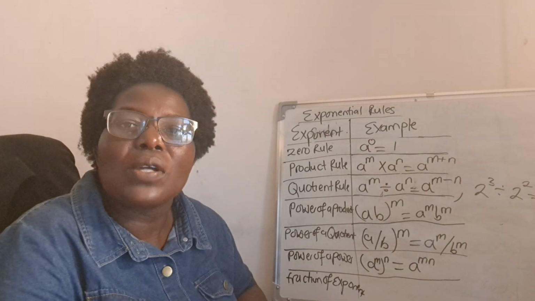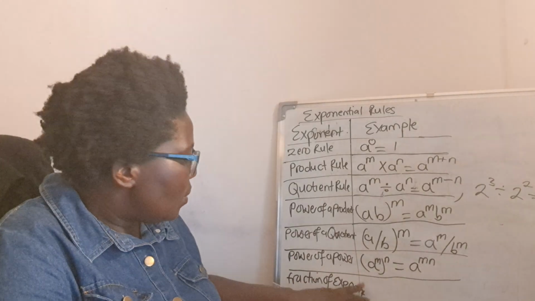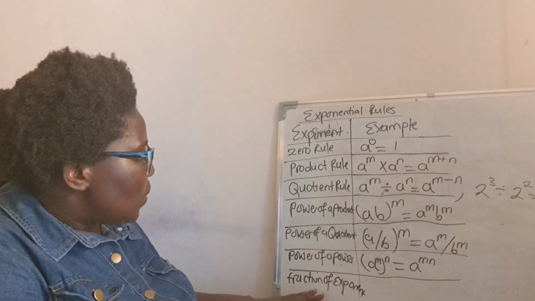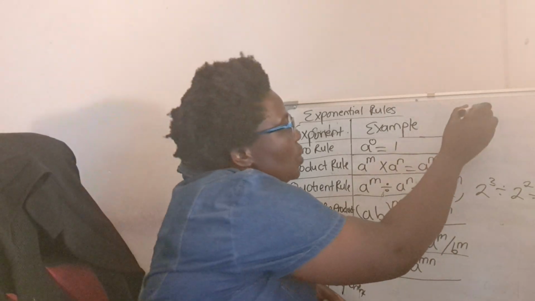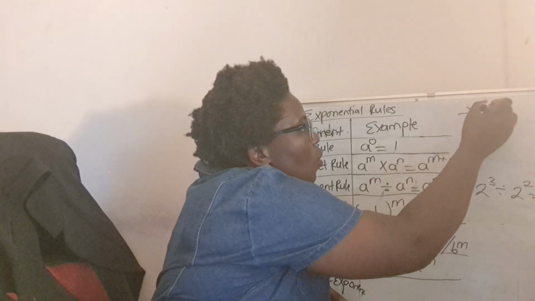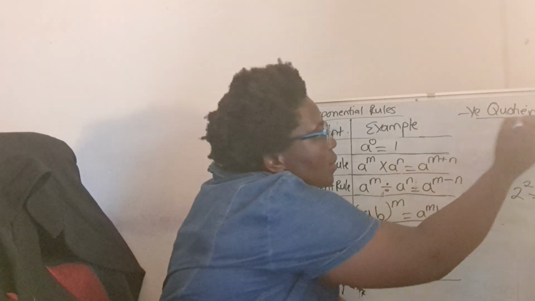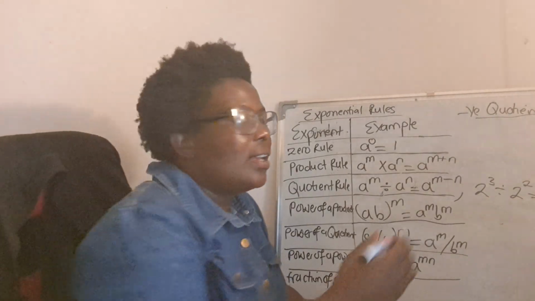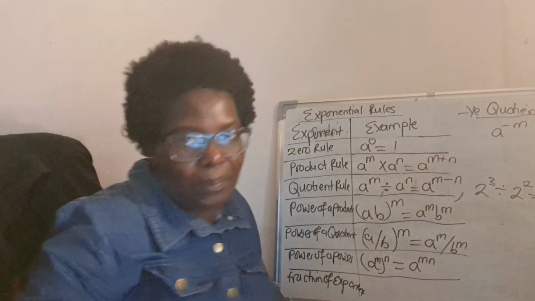Then we also have what we call a negative exponent. Let's just assume that we have a to the power of minus m.